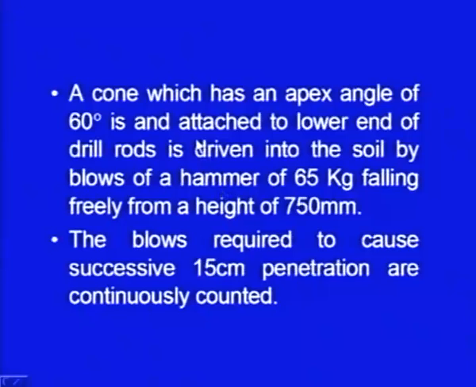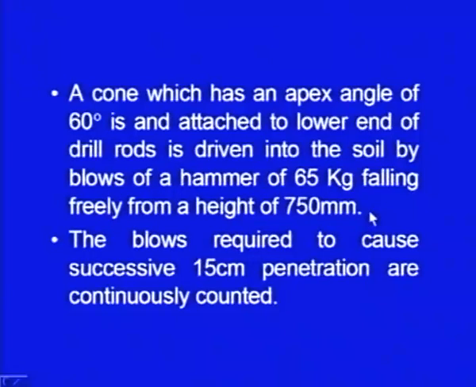This test consists of a cone which has an apex angle of 60 degrees, and this cone is attached to the lower end of the drill rods. These drill rods are driven into the soil by blows of a hammer of 65 kg, which falls freely from a height of 750 millimeter.